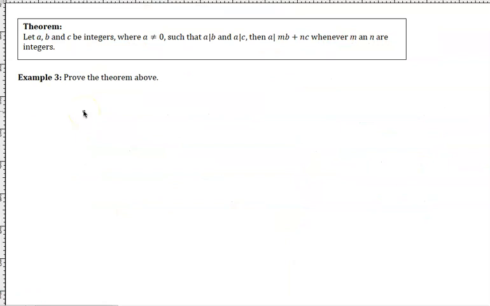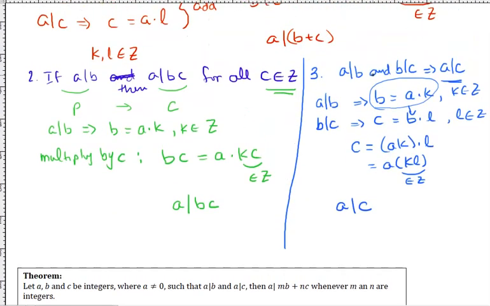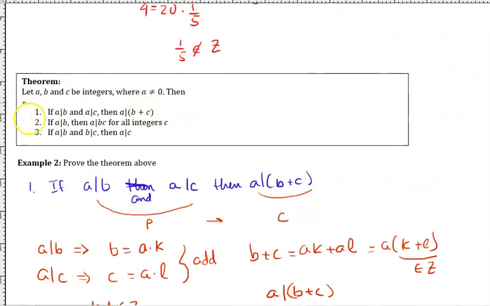So this next theorem: A, B, C are integers, A is not 0, such that A divides B and A divides C, then A is going to divide MB plus NC whenever M and N are integers. So notice this is like a combination of number 1 and number 2 here.